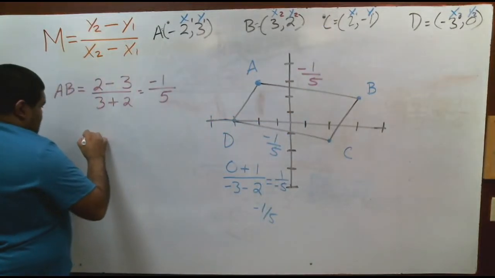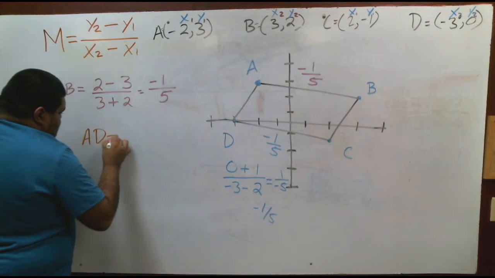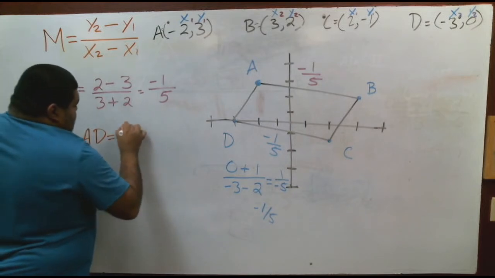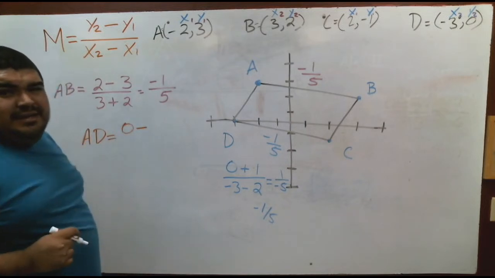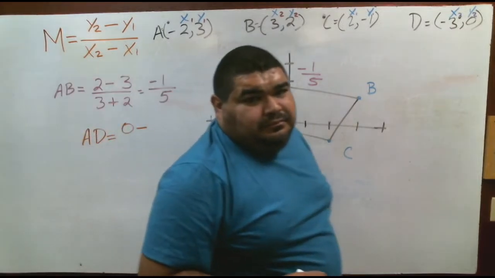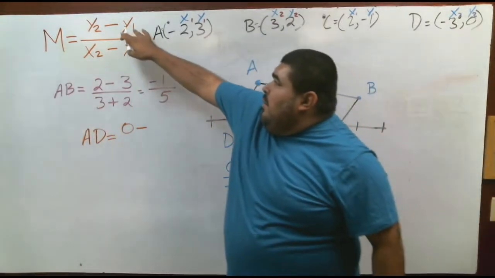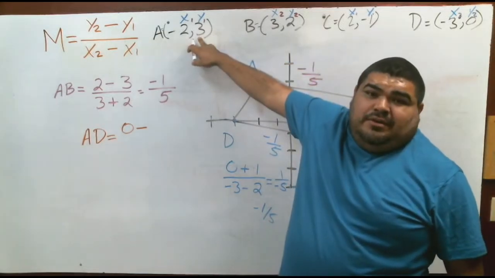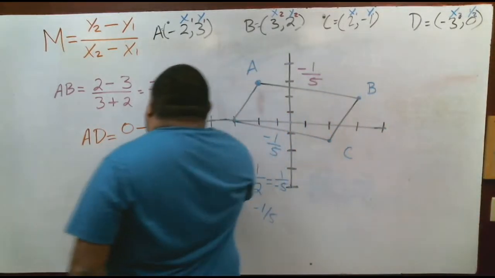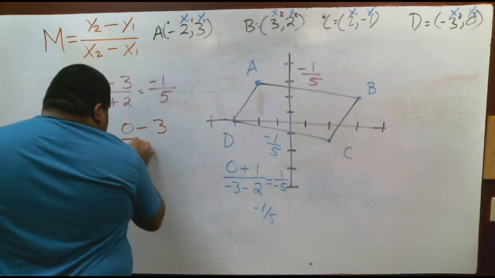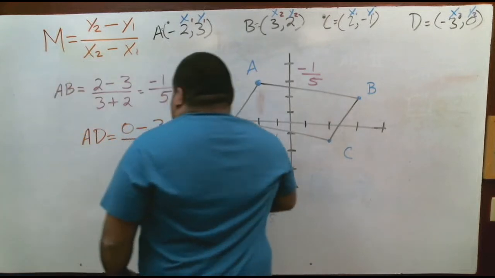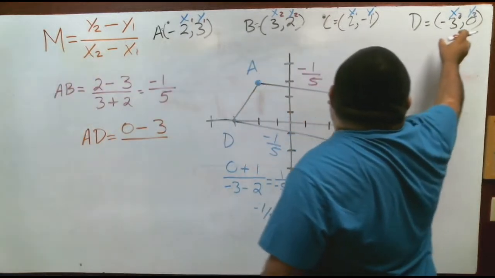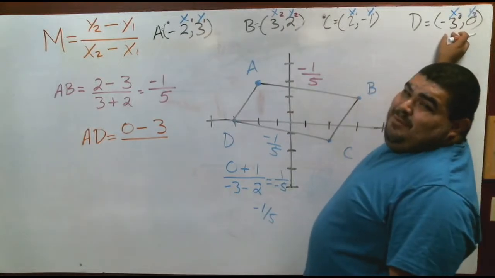So we have AD equals 0 minus y1, which in this case is 3, right? So we have 3 over x2, which is negative 3.